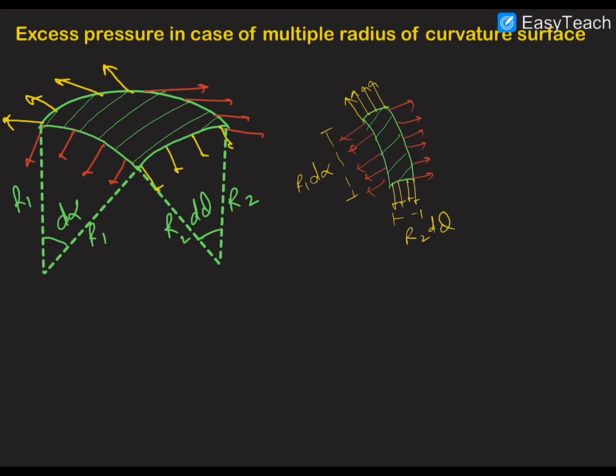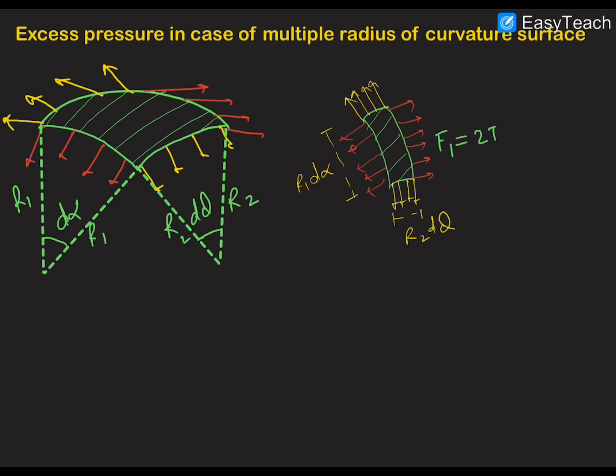Now let us imagine this force F1, the force acting on these molecules by the neighboring molecules. This total force is F1. So F1 can be written as 2T, where I am assuming that there are two free surfaces. This surface has air on both sides, above it and below it.